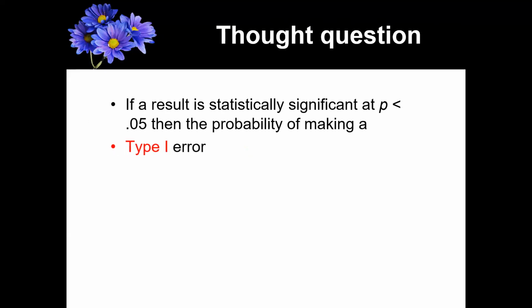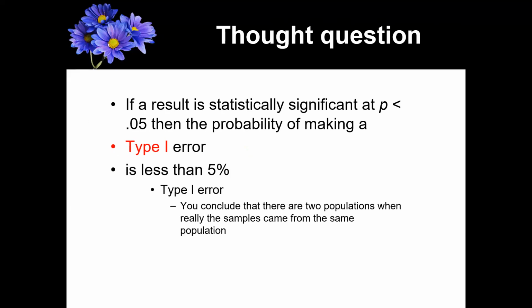Well, this would be a type 1 error. Why? Type 1 error, remember, is that you're getting a false positive. You're finding a significant difference in means, but there's no actual difference in the populations. You conclude that there are two populations when really the samples came from the same population.